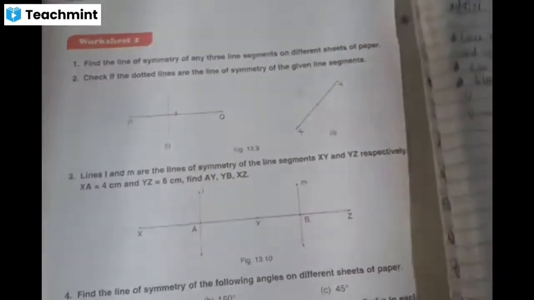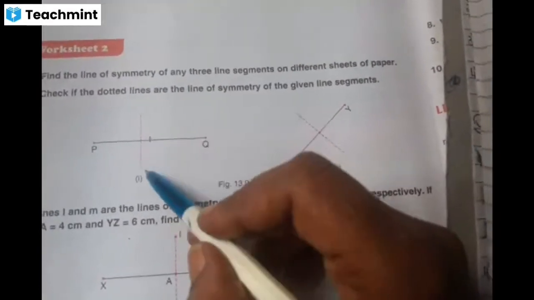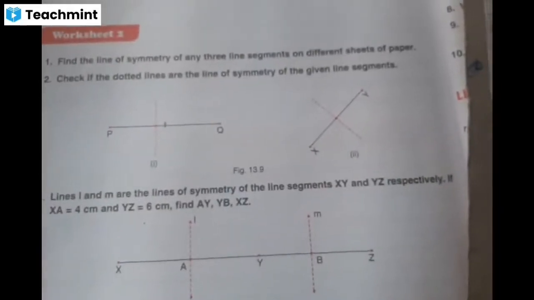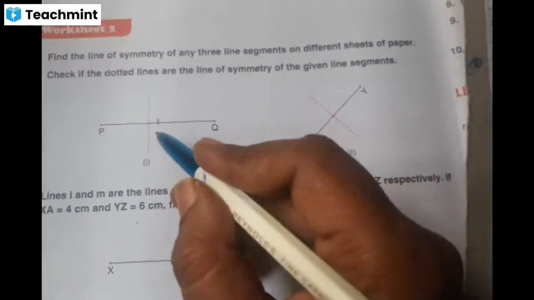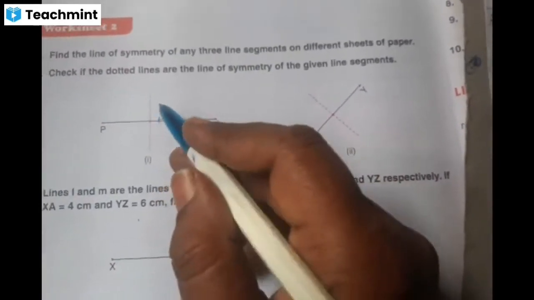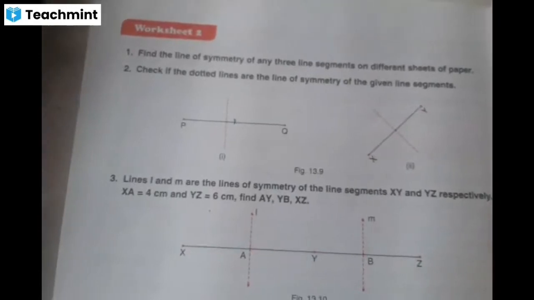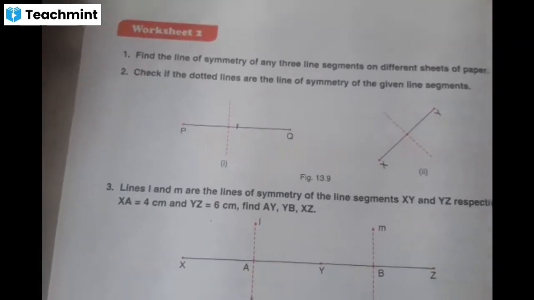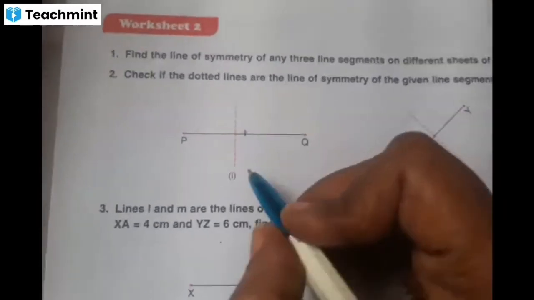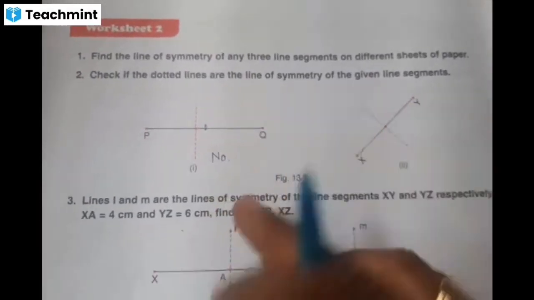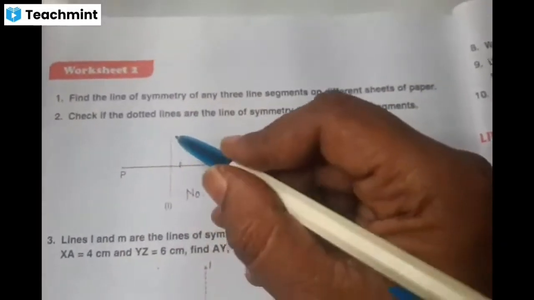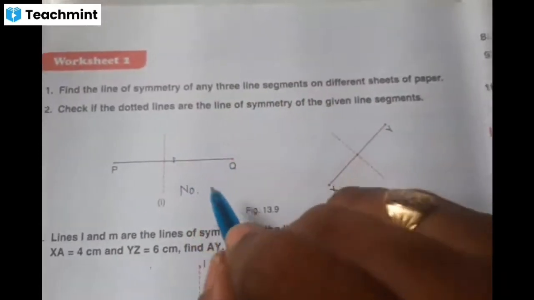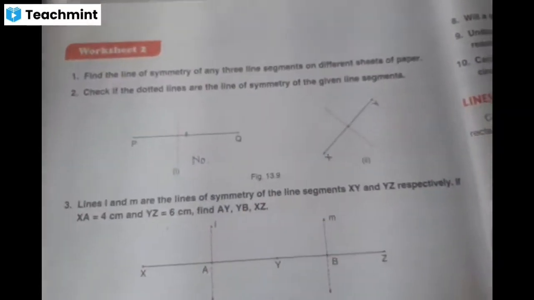But you can observe here, this line has moved a little left of the middle, isn't it? So this can't be the line of symmetry, children. Therefore, in the first figure, we write the answer as no. We do not get, or this dotted line does not represent, the line of symmetry.